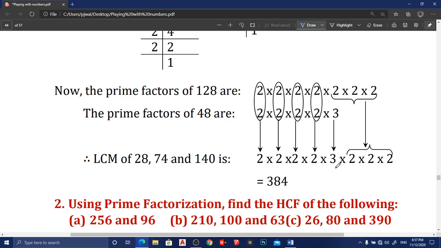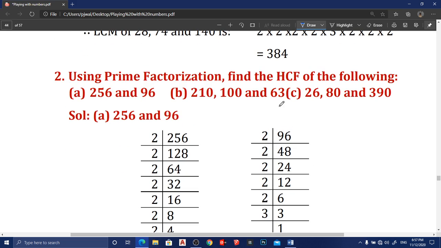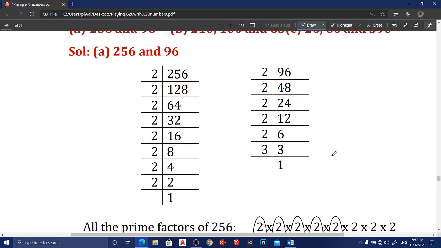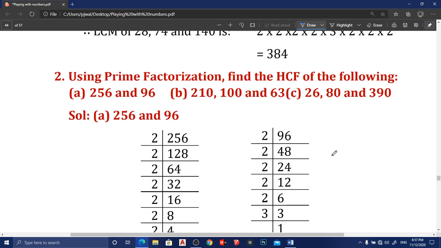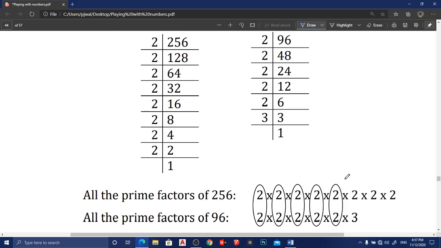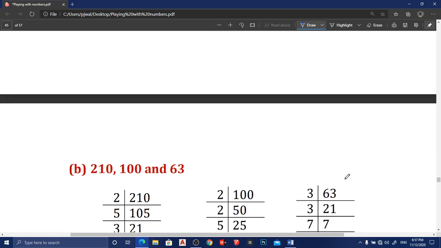Next. Using prime factorization, find the HCF of the following. Prime factorization means here also I am taking the prime factors separately and finding out the HCF.